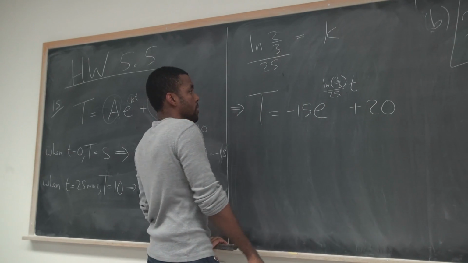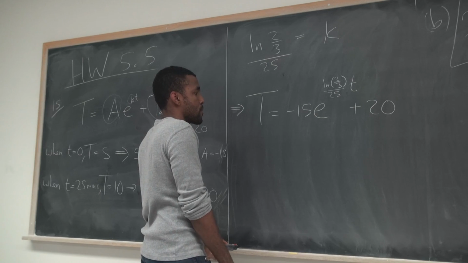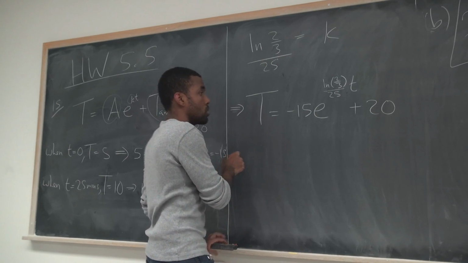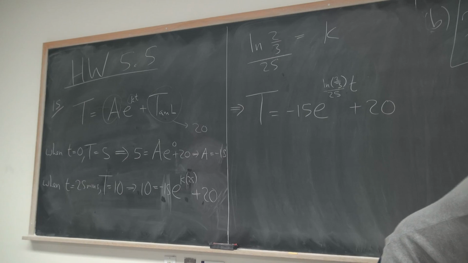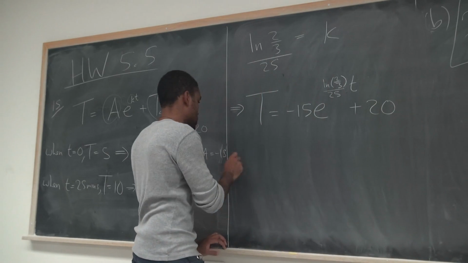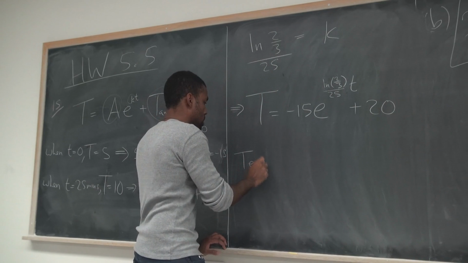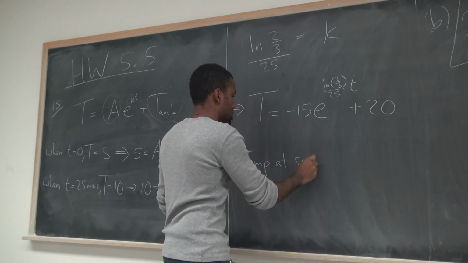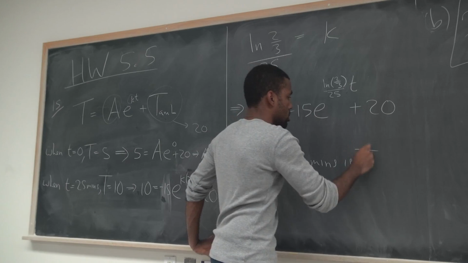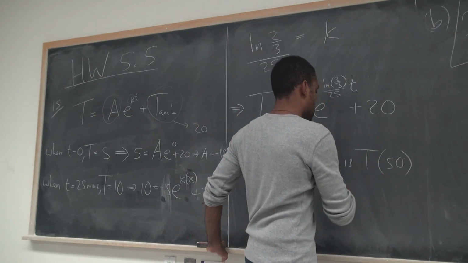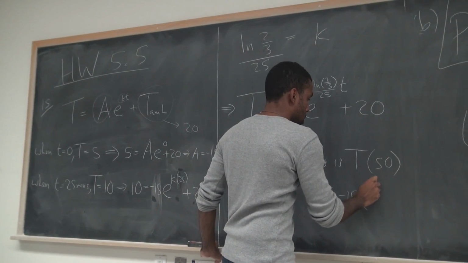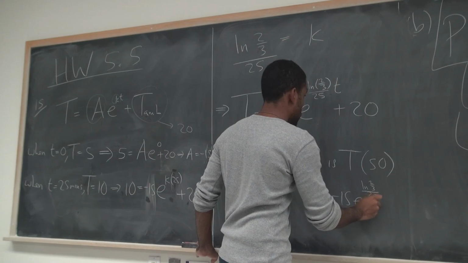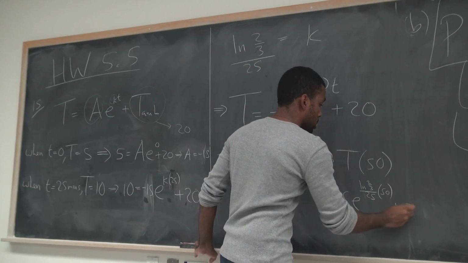Okay, so what did they ask us? What is the temperature after 50 minutes? Just plug in t equals 50. Temp at 50 minutes is T of 50, which is minus 15 e to the ln of 2/3 over 25 times 50 plus 20.